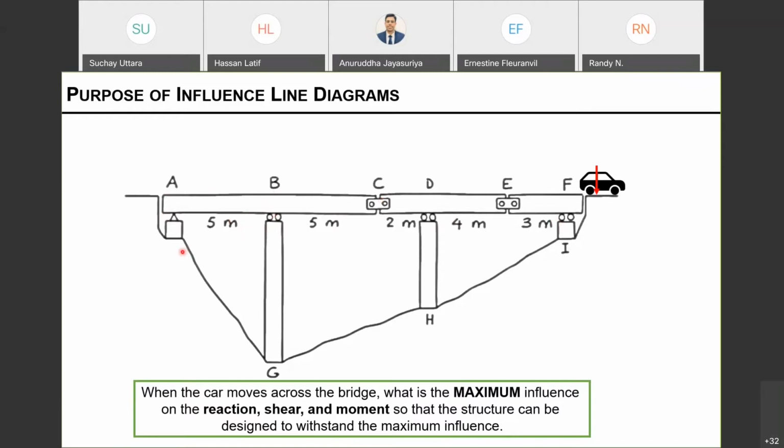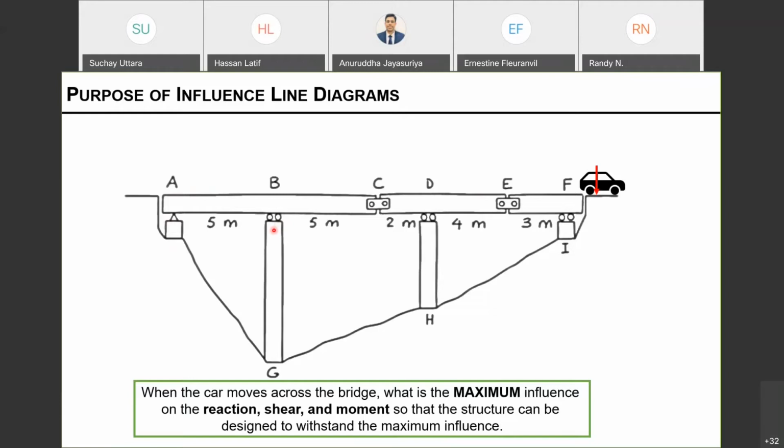The importance of using an influence line diagram is that, for example, if a designer wants to design some support, then as the vehicle is moving from A to F, he needs to know what the maximum influence on this support reaction is and at what location it happens, because without knowing the location, you cannot see the reactions, right? So you need to place this load at different locations and see how these reactions change.